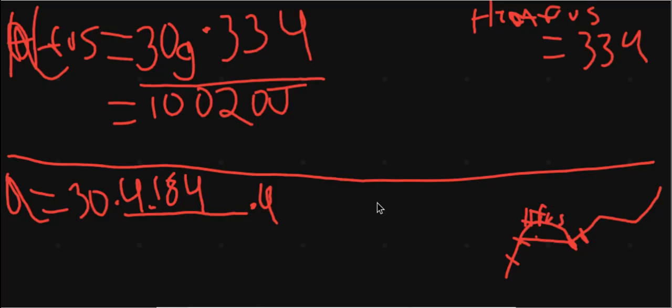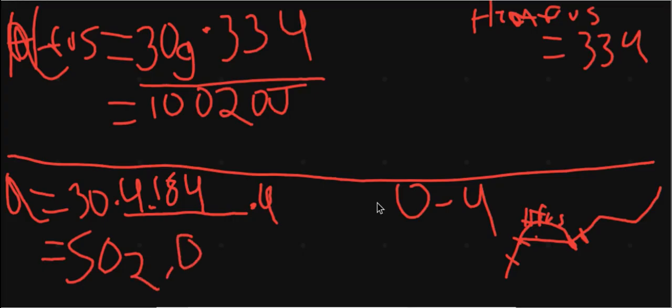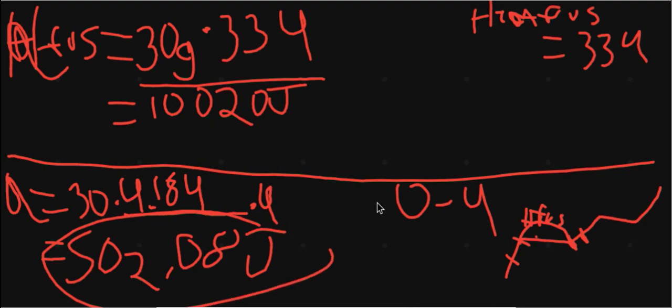So we're going from 0 degrees to 4 degrees. And like I said, the hardest part is finding the correct values for each one of these variables. And now with some clicks of the calculator, we get 502.08 joules.